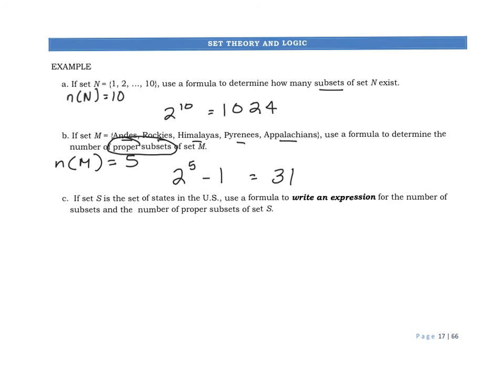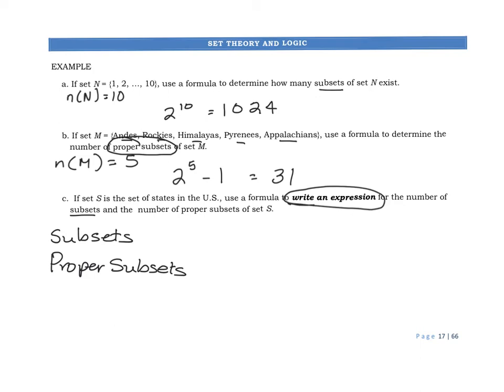All right, C. If set S is a set of states in the U.S., use a formula to write an expression. We're not going to work it out, just write an expression for the number of subsets and the number of proper subsets. I want both.